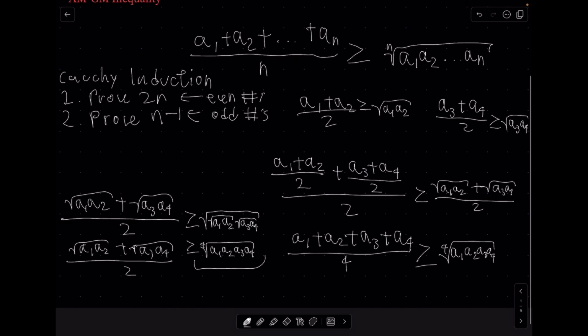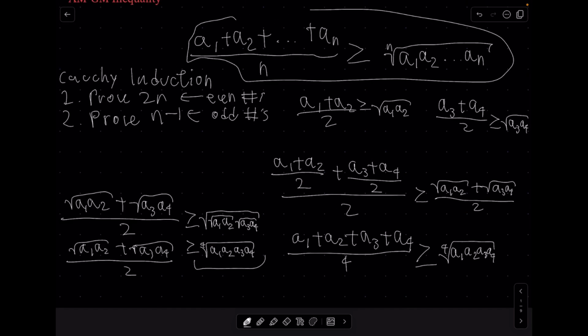That's the statement of AM-GM here. And actually, we didn't depend on whether this was 2 or not. We realized that this could have been any arbitrary n, and we've proved that it works for all 2n.